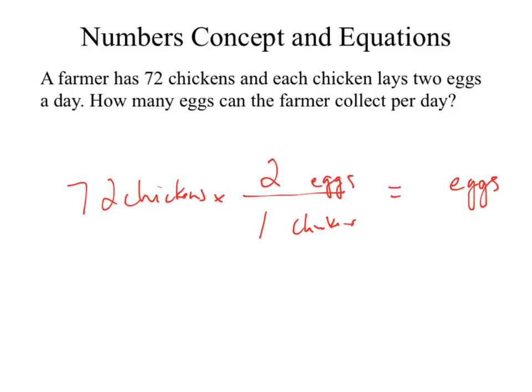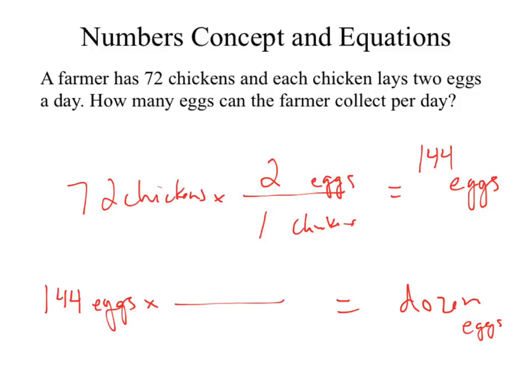You can deal with that. As far as the number of eggs go, what do you then do? You are converting 144 eggs into what? 12 dozen. Into dozens of eggs. How do you convert 144 eggs into dozens of eggs? Well, just give me this divide by 12.